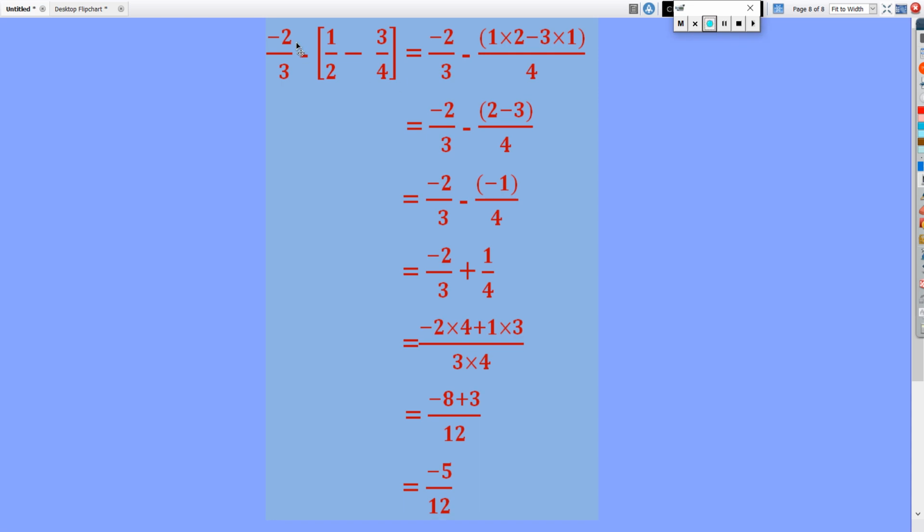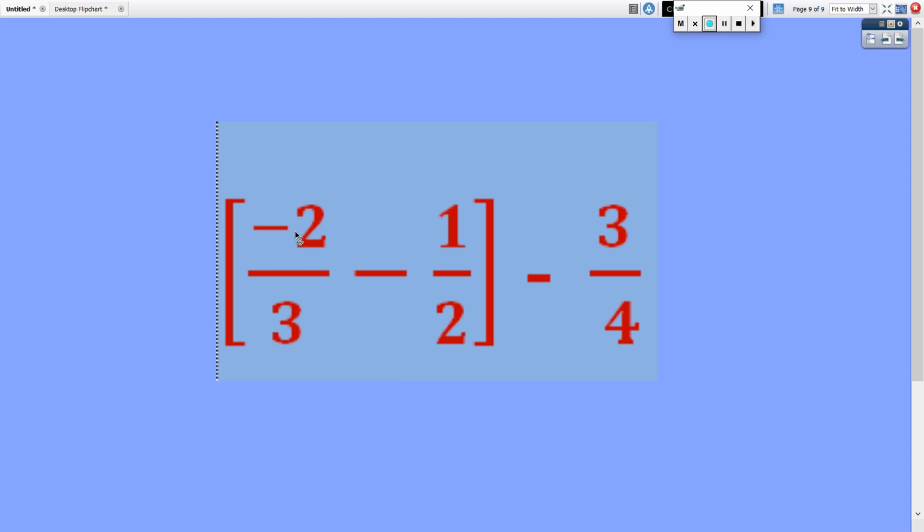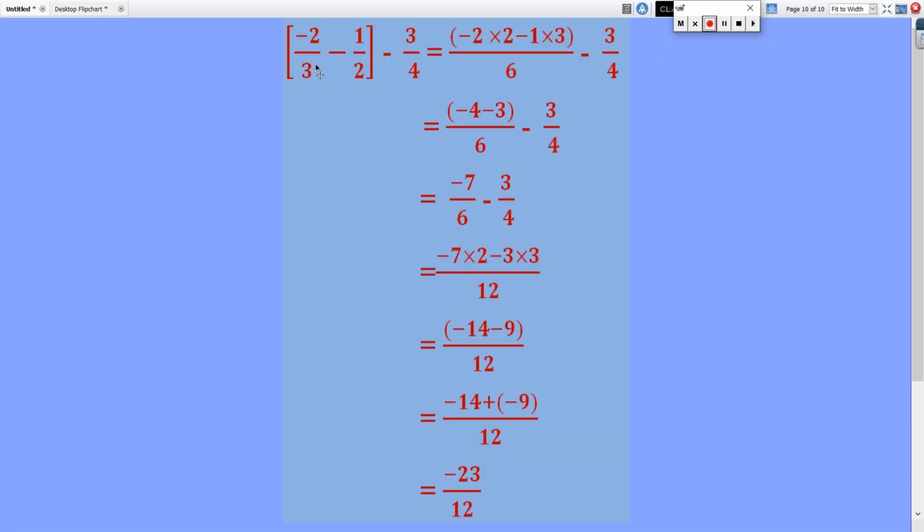Now let me subtract negative 2 by 3 and 1 by 2 first. What will you get? Do that question. Subtract negative 2 by 3 minus 1 by 2 first, then from this difference you subtract 3 by 4. Negative 3 and 2, the LCM is 6.